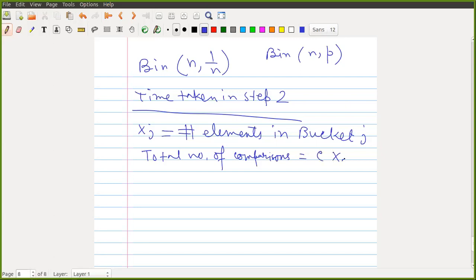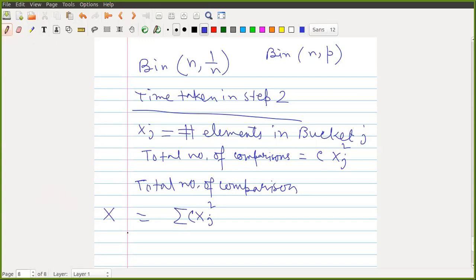Some c into xj squared. Is this okay? Okay. So what is the total number of comparisons here? We will be summing over all buckets, so we sum c into xj squared over all j.